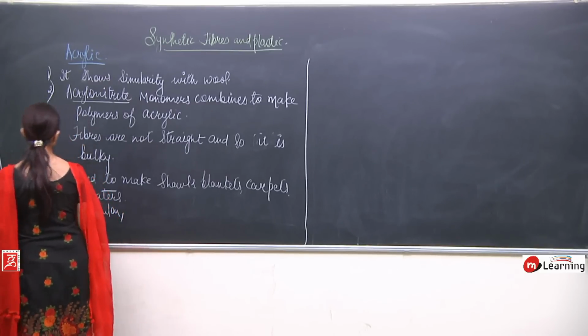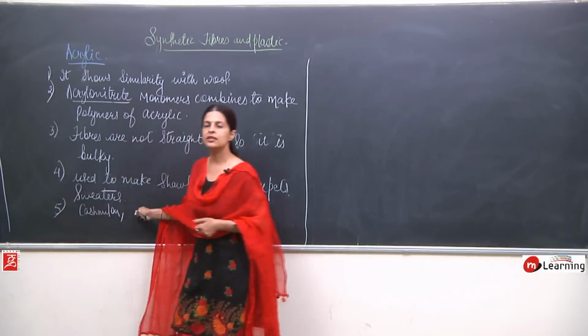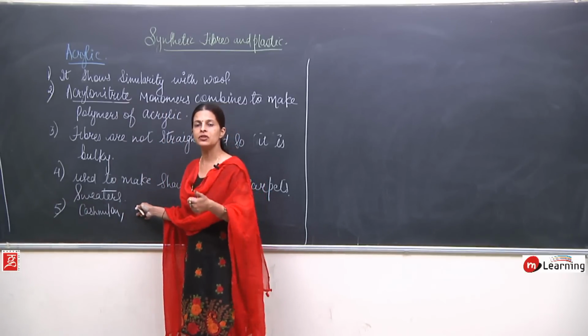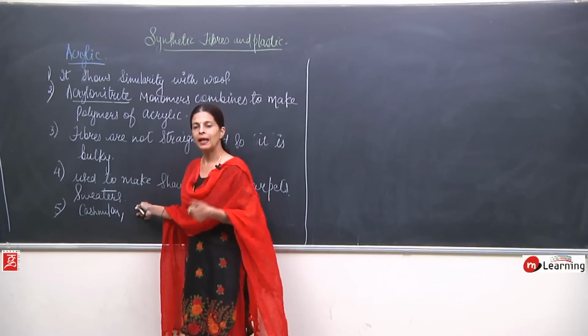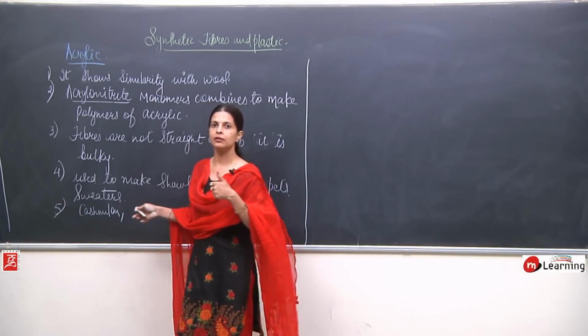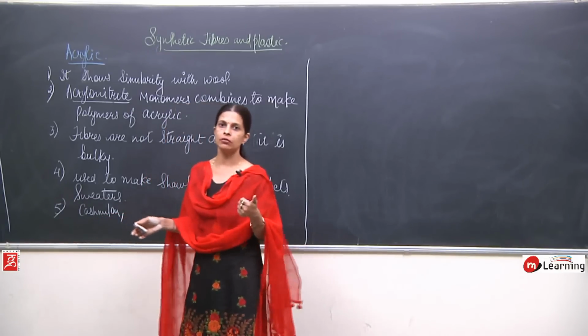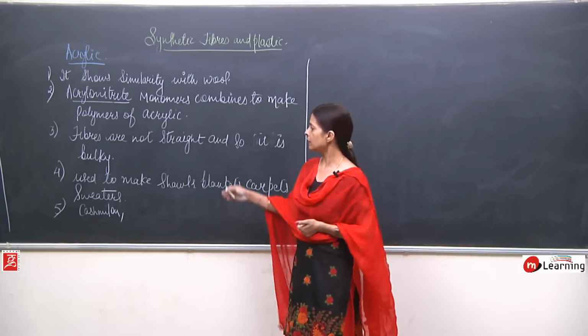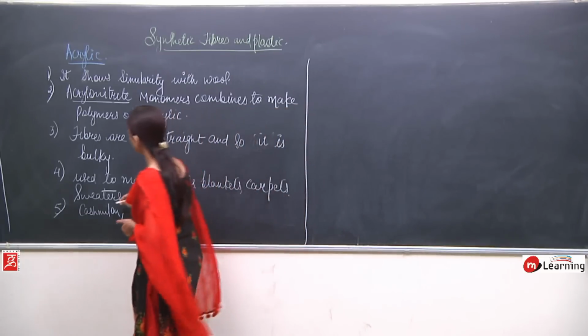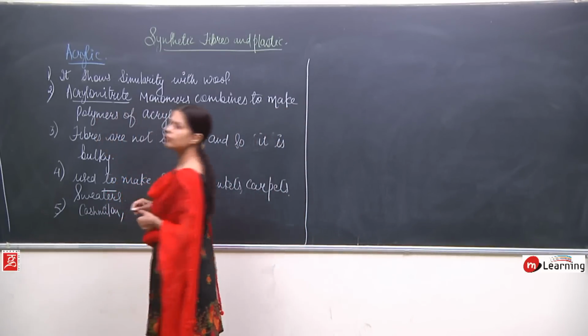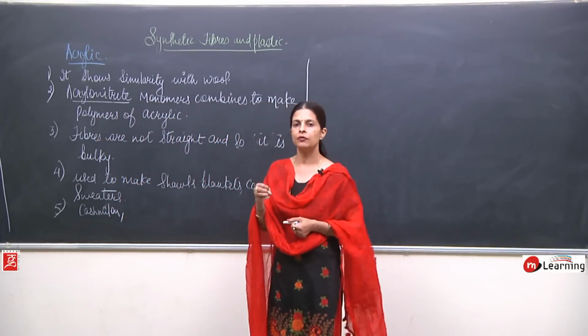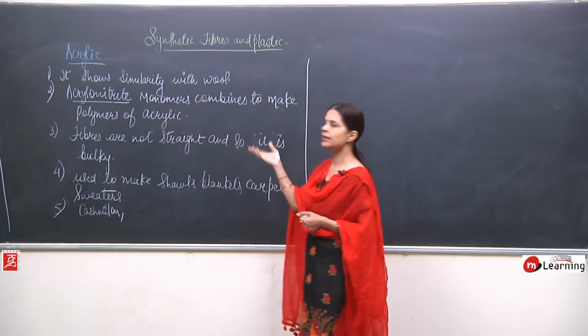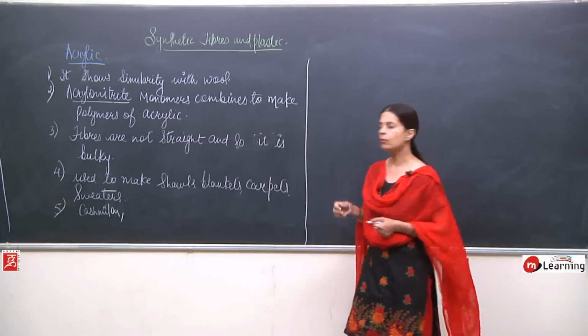This cashmere is again used in place of wool only, and it is very commonly used if you go for purchasing sweaters. It is a very common word, and it is made of what? Acrylic only, a form of acrylic.